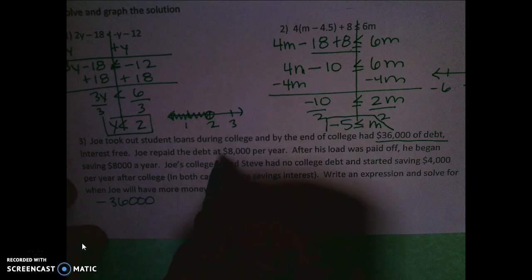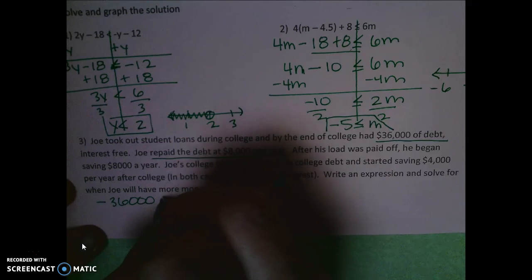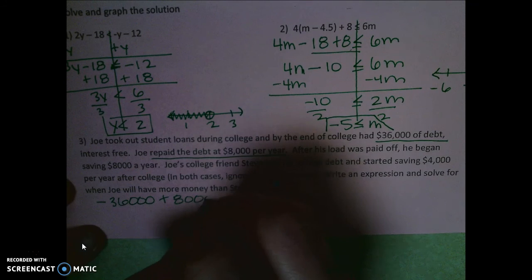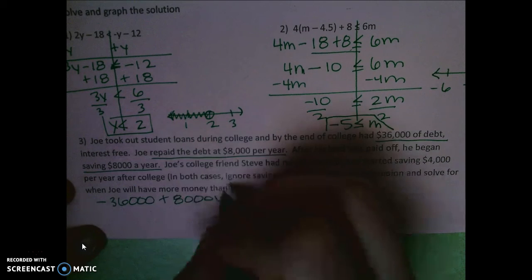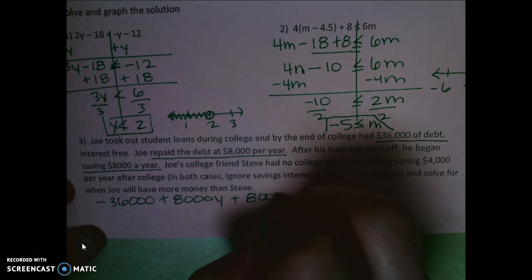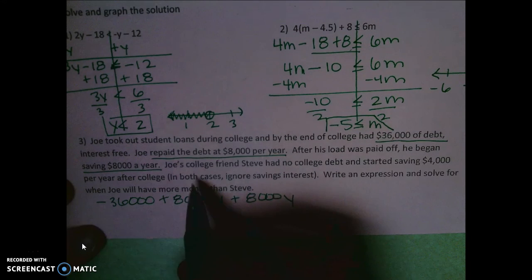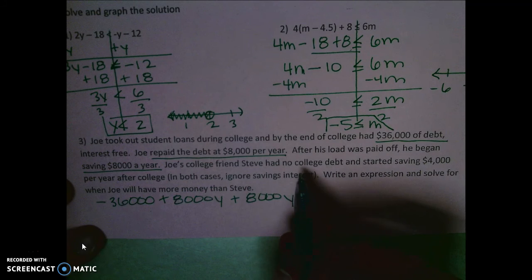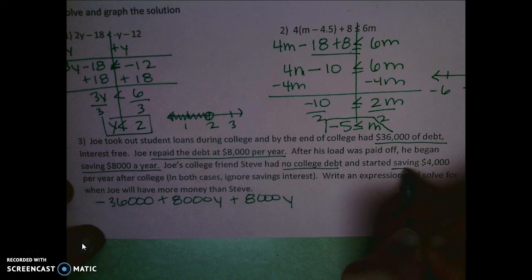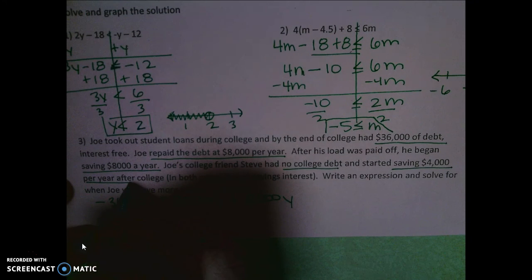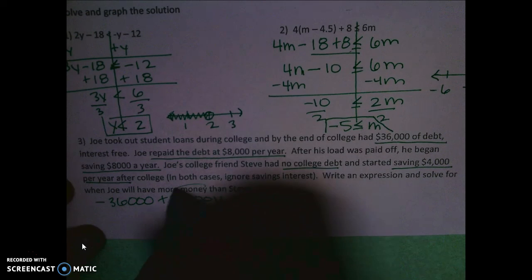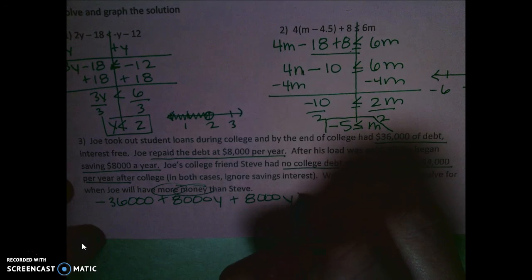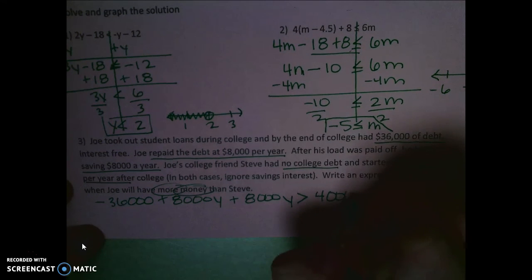Joe repaid the debt, $8,000 per year, so plus 8,000 Y. And then after that, he began saving 8,000 per year, so plus another 8,000 Y. And then Joe's college friend Steve had no college debt and started saving 4,000 per year after college. Write an expression to solve for when Joe will have more money than Steve. So we want this to be greater than 4,000 Y.